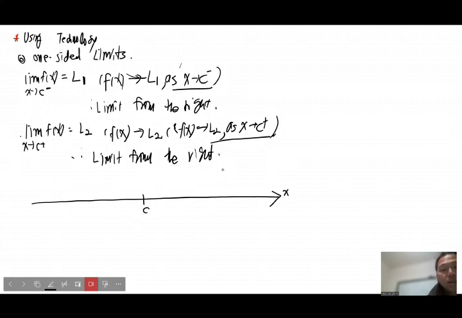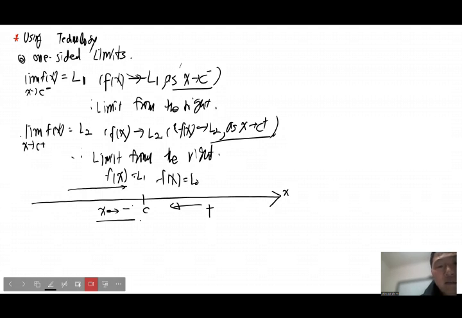If x approaches c from the negative direction, f(x) has L1, and if x approaches c from the plus direction, then f(x) has L2.